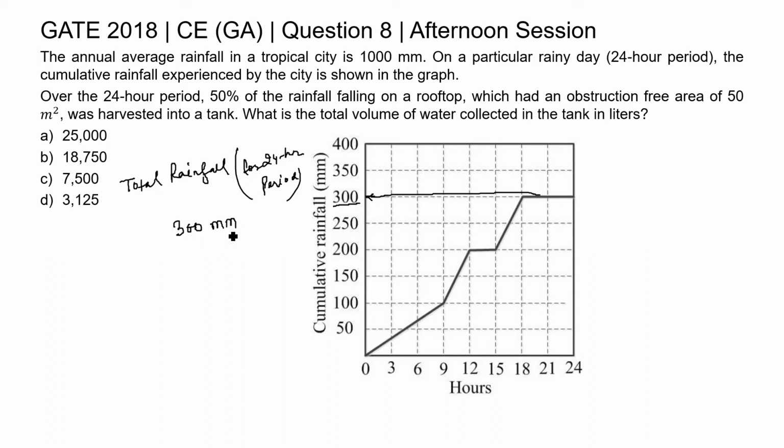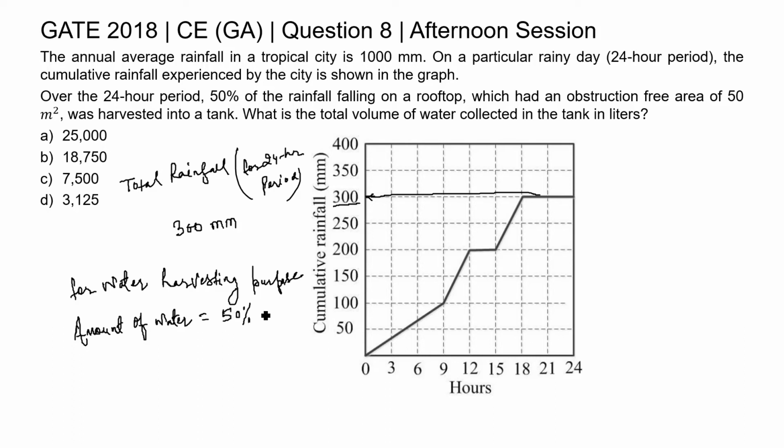So out of this 300 mm or out of the total rainfall, 50% of the rainfall is used as water harvesting and can be collected in a tank. So for water harvesting purpose, total amount of water is 50% of total rainfall.